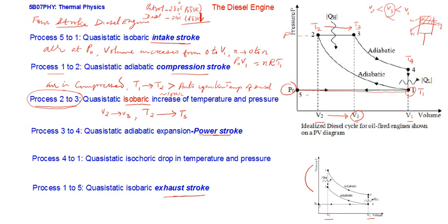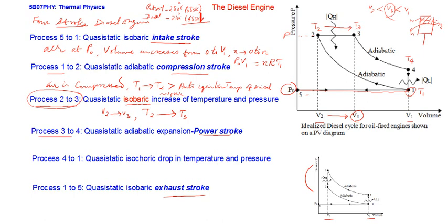I will come back to this particular stage 2 to 3 later, when I discuss a concept known as the cutoff ratio. We have explained the compression ratio earlier. We will define one more ratio, known as the cutoff ratio, later. So now let's proceed with the next stage in the diagram, that is 3 to 4.